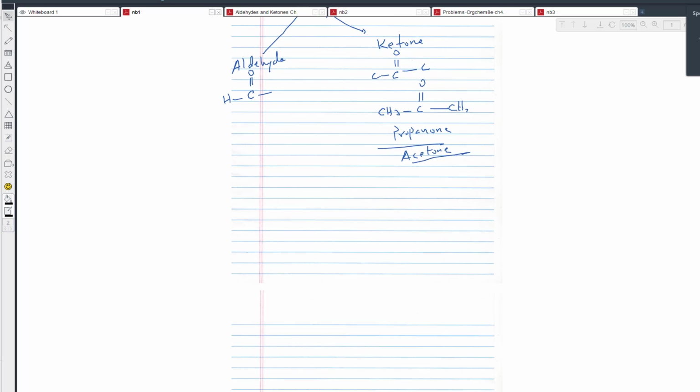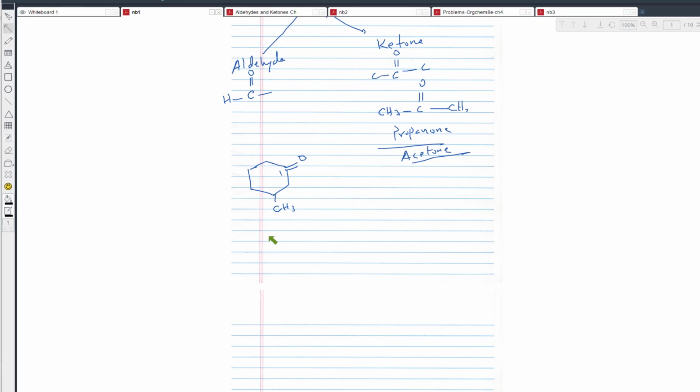So this is aldehyde and ketone. For aldehyde, you don't have to mention the position. For ketone, generally we have to do it, but in the case of propanone, we don't need to. In case of a cyclic ketone, suppose here it is double bond O. Definitely in this case, we start the numbering from here. Suppose I have a methyl group here.